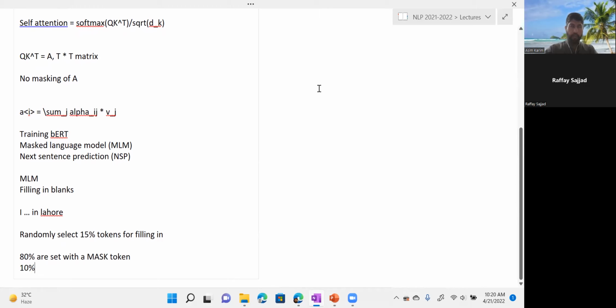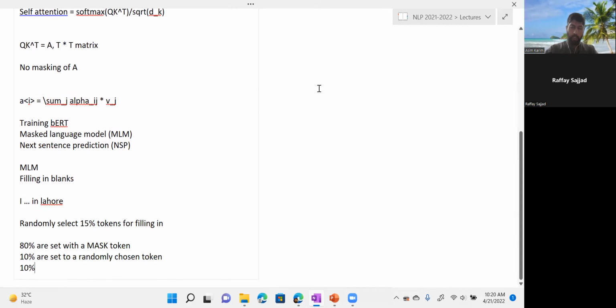Then 10% of the 15% that you have selected are set to a randomly chosen token in the corpus, so some other token. And then the remaining 10% is set to the actual token. Whatever you have selected for filling in, you keep that for only 10% of those. So 10% are some other word, and 80% are masked, meaning that you use that mask token for it.